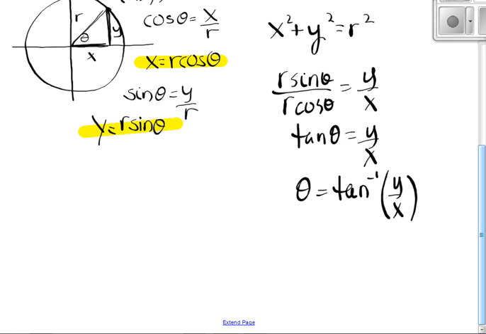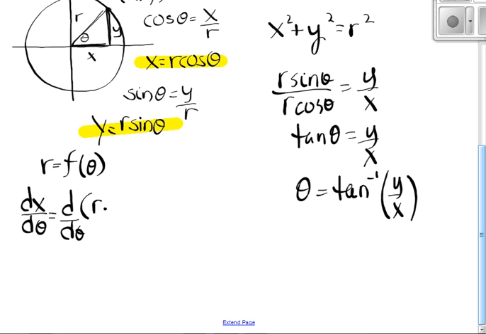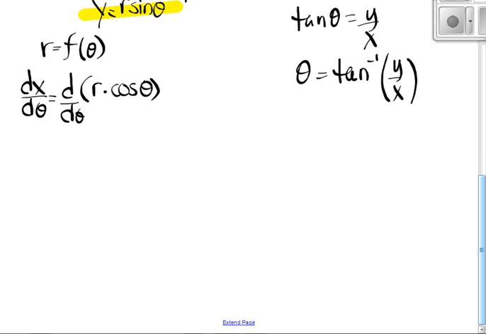Now, it's rare that r is going to be a constant. R is going to be some function of theta. So if they ask you for the derivative of x with respect to theta, then I would take the derivative with respect to theta of r times cosine theta. Nice time to review the product rule. So that's going to be r times the derivative of cosine.